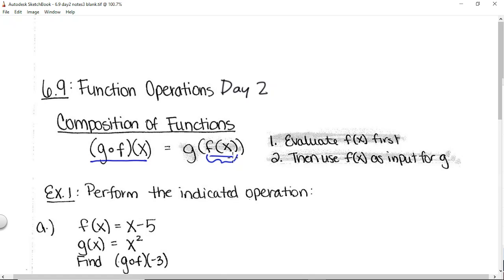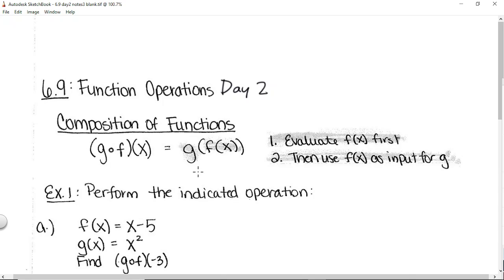So it's g of what? G of f of x. Okay, so that's why you read it that way. And that's what's going on with it. The output from the function f becomes the input to the function g.